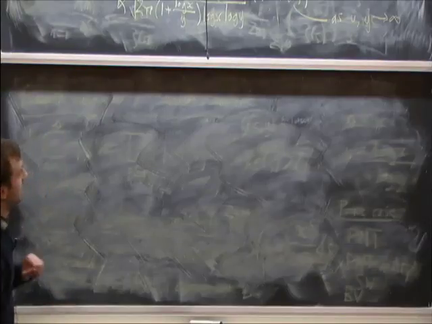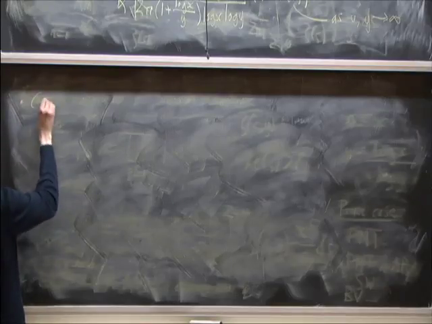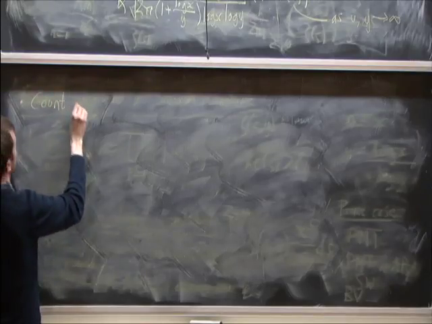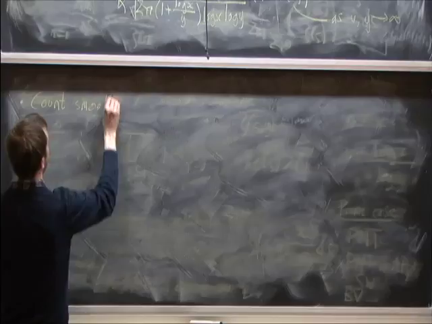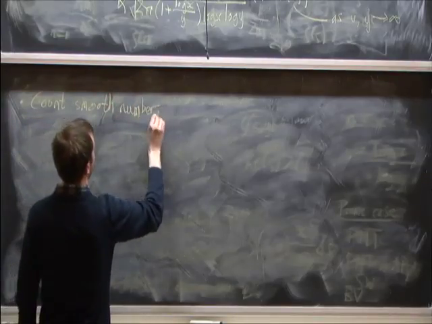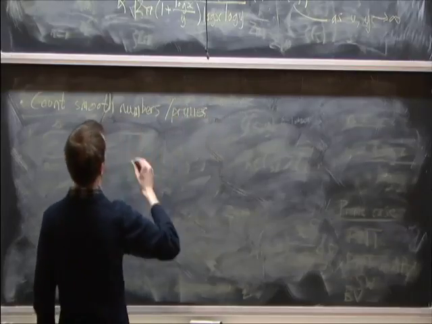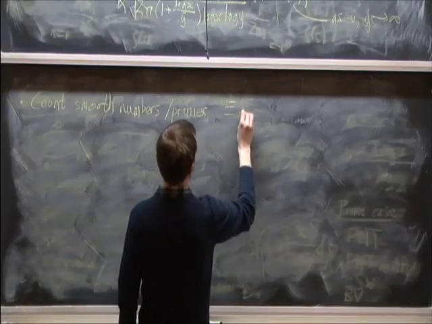Okay, good. So we did the first thing I said. We counted smooth numbers. So now we want to do arithmetic progressions. So count smooth numbers or primes that are congruent to a mod q.